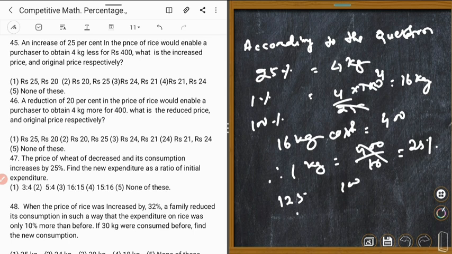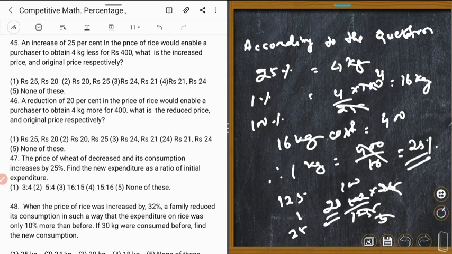When new price is 1, old price is 100 upon 125. When new price is 25, the old price is 20. So this is the old price and this is the new price.